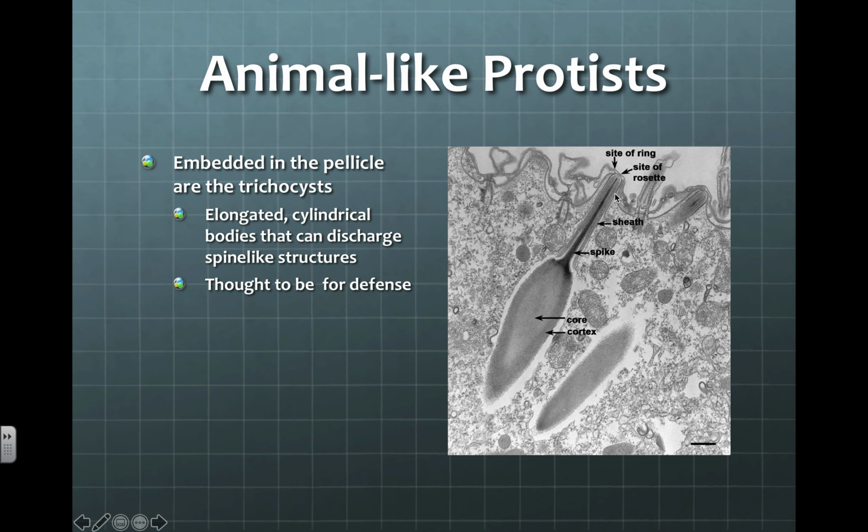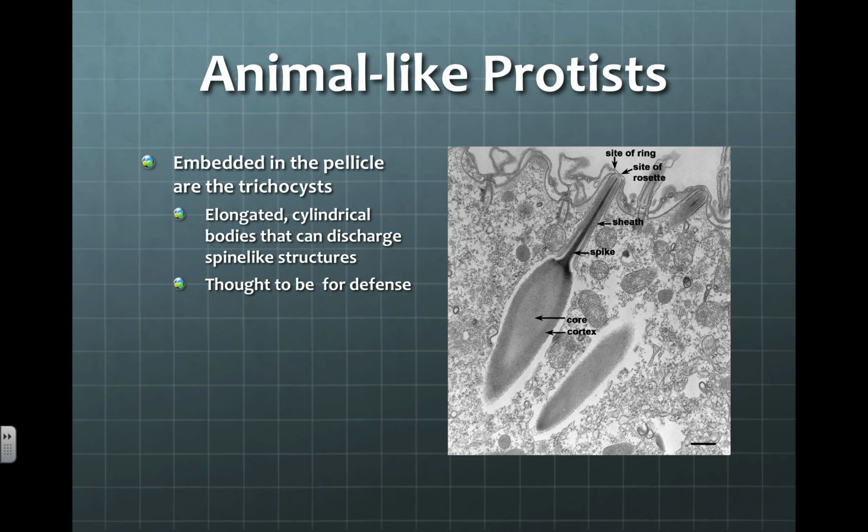Now, this is showing you what is called a trichocyst. A trichocyst is an elongated, very cylindrical body that is used for defense. So here we have, this would be the inside, and here we have the outside. Now, I'm not going to ask you the parts of a trichocyst, but they're embedded in the pellicle.